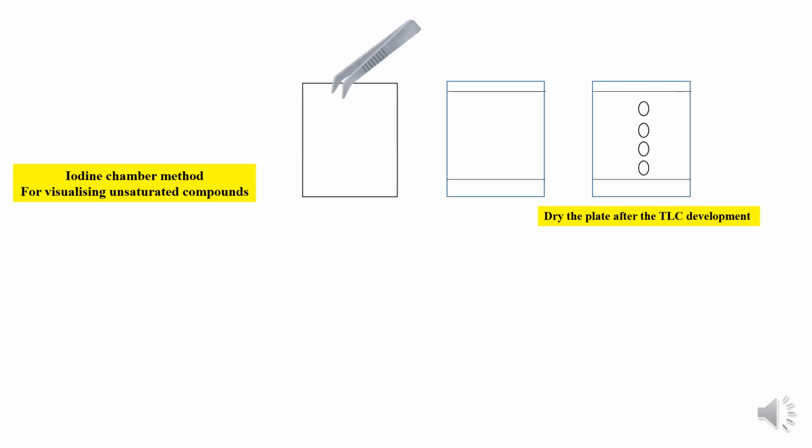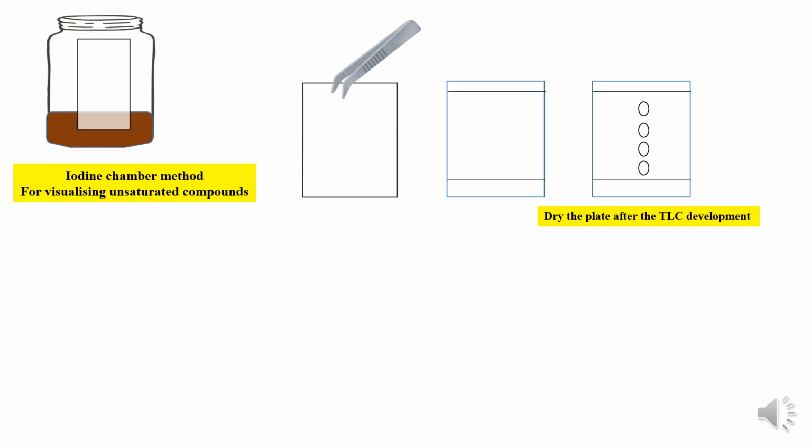These spots cannot be perceived by the naked eye. So after the development is done, dry the plate, and you can introduce the developed and dried TLC plate using tweezers or forceps into the iodine chamber.